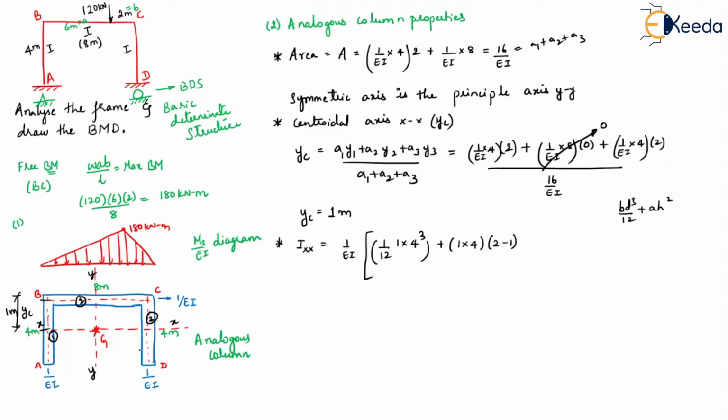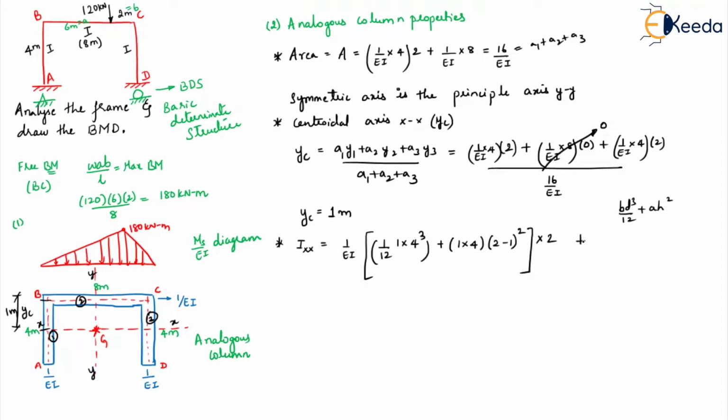For this particular AB and CD, the CG is at 2 meters, but our CG is at 1 meter. So the difference is what? 2 minus 1. That is your H. Okay. So into, square. Right. Now this is for this column. So similarly, it is for CD also. So this can be multiplied by 2. Okay. For AB and CD, both it is same. So I have multiplied it by 2.